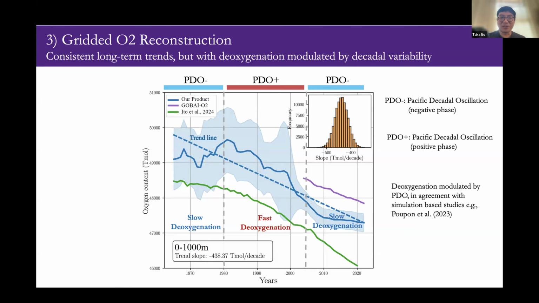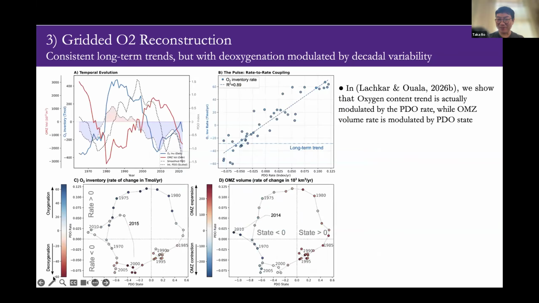I was wondering what threshold of oxygen you use to define the OMZ volume, because if you use a relatively high value like 80, then the trend you see is mostly coming from... I was just wondering what the threshold was and how close you were to the core of the OMZ.